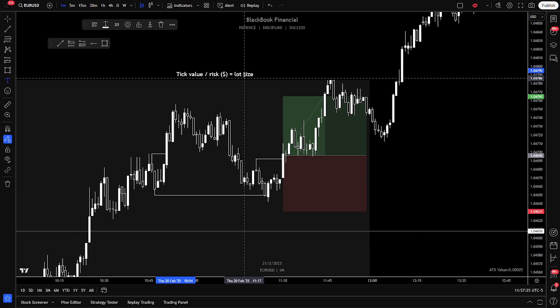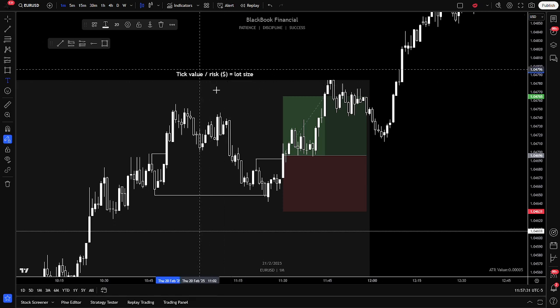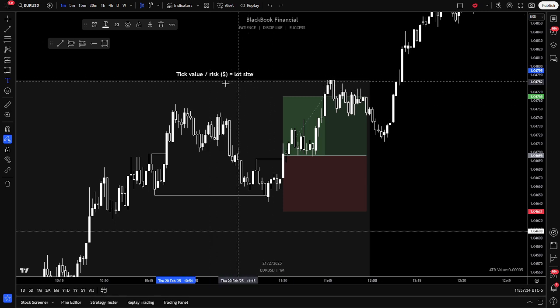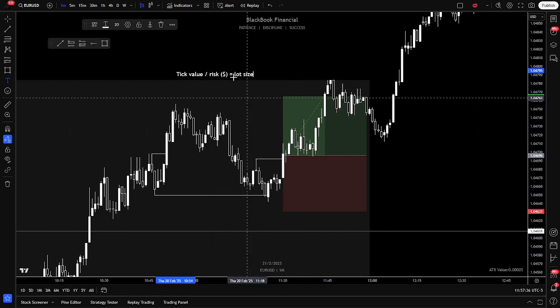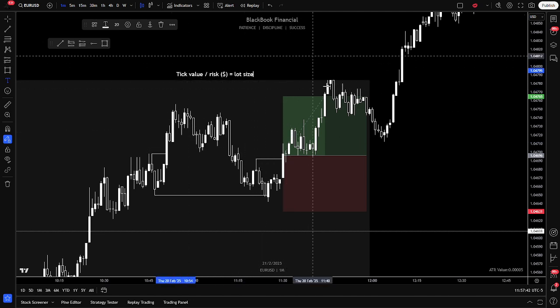That simple. The dollar amount I want to risk, which was $100, divided by the number of ticks, which was 67, gives us the lot size. And it's that simple.